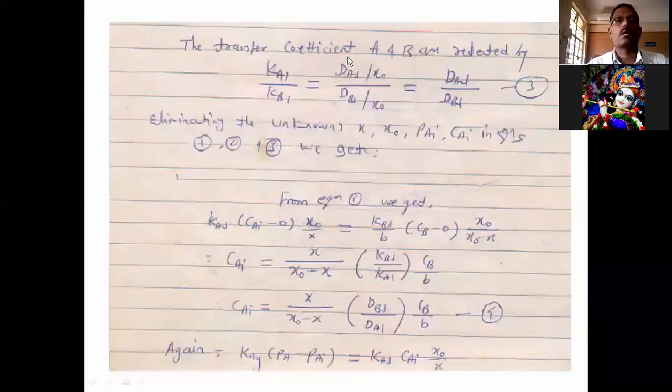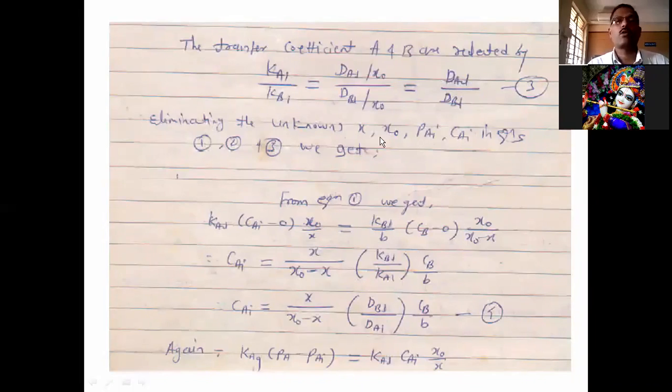So for the transfer coefficients, A and B are related by K_L upon K_BL. What is K_L? D_L upon x naught, upon D_BL upon x naught, which is equal to D_L upon D_BL. D_L is the diffusion coefficient of A in the liquid film, D_BL is the diffusion coefficient of B in the liquid film, equation 3.